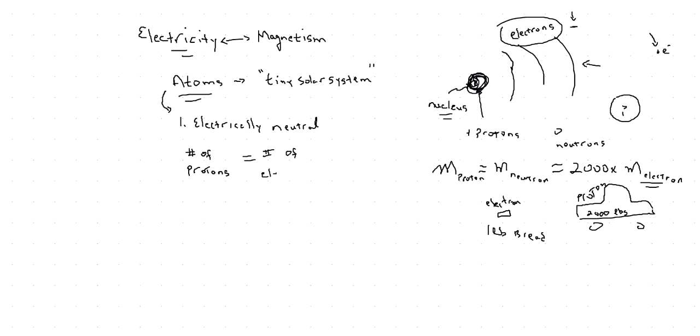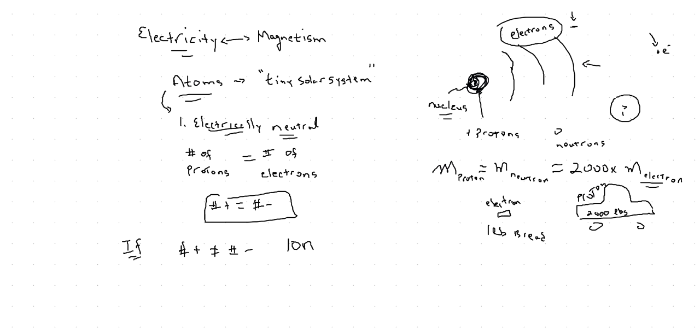So atoms are always electrically neutral. The number of pluses equals the number of minuses. That means it's electrically neutral. If we have a system where the number of plus is not equal to the number of negative charges, these are what we call ions.